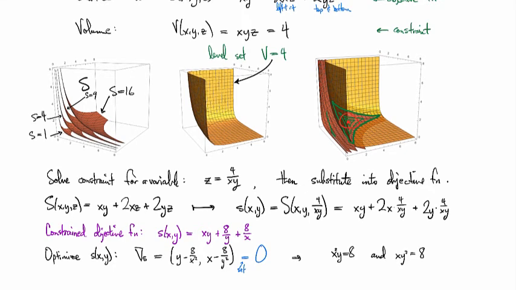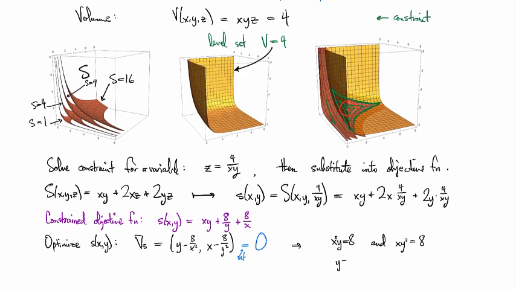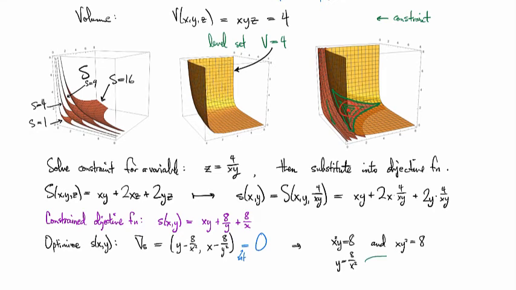Now I can solve for y and then substitute that in the other equation, and we end up with x times 8 over x squared equals 8.